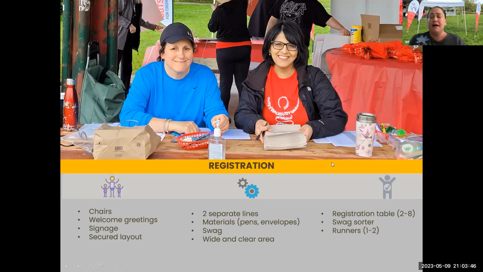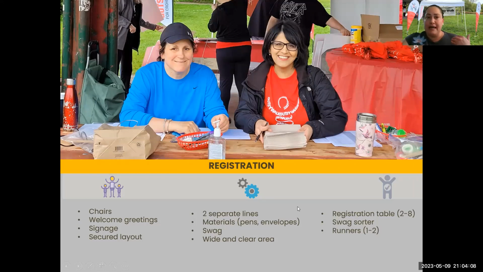Also, you need to have a secured layout, because in this area you will be counting money at the front, as participants will be submitting money, and the registration captain will then count everything and prepare the RBC deposit box. So this needs to be a secure area.